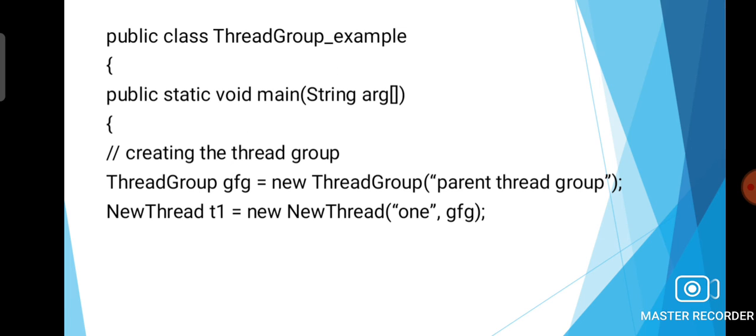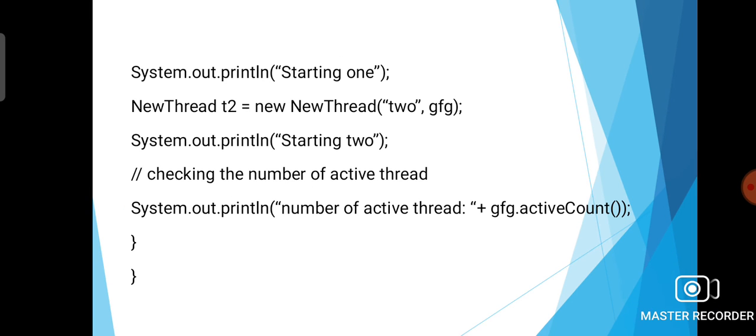The first one is the name of the thread, which is "one", and the second parameter is the thread group object. So we are grouping T1 under the group GFG, the object name of the thread group, the parent thread group.